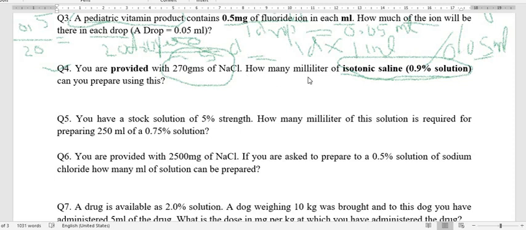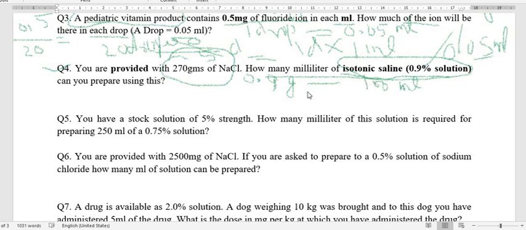Here in the question they are telling 0.9%. So 0.9% indicates 0.9 gram of sodium chloride is present in 100 ml of the solution. So 0.9 gram is present in 100 ml.